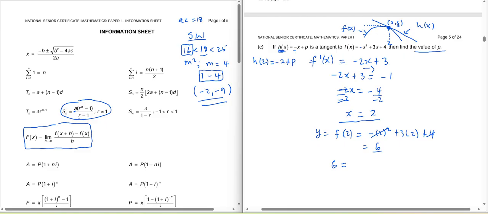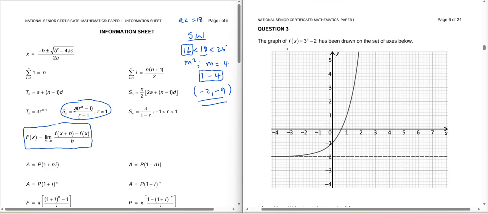But remember, when they are touching, h of 2 is equal to f of 2, which is 6. So we replace h of 2 with 6, and 6 equals minus 2 plus p. Now p equals 6 plus 2, which is 8. You are done solving that one.